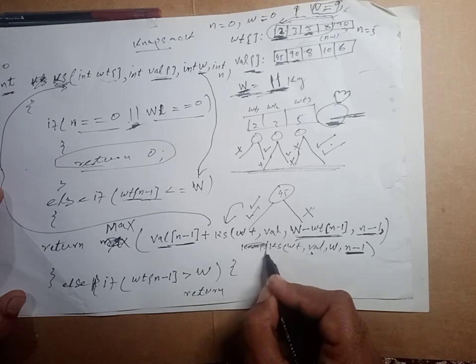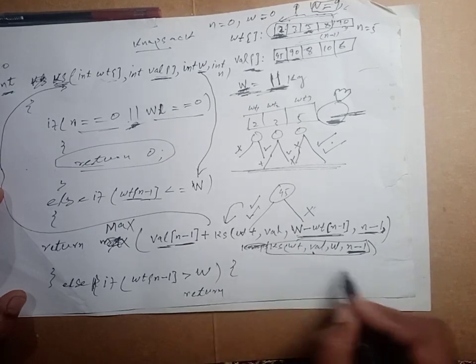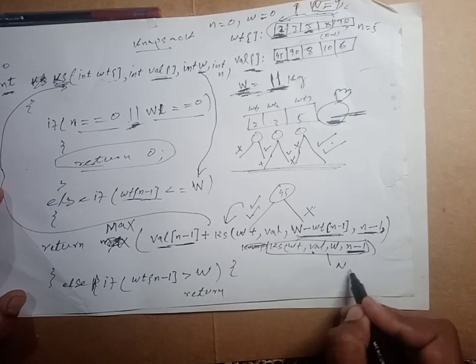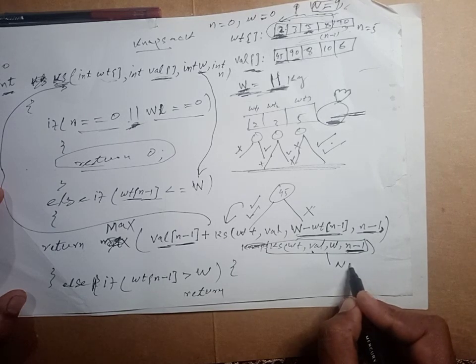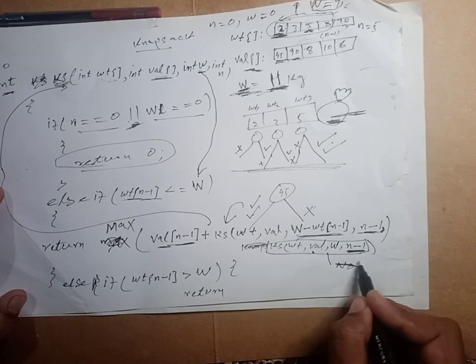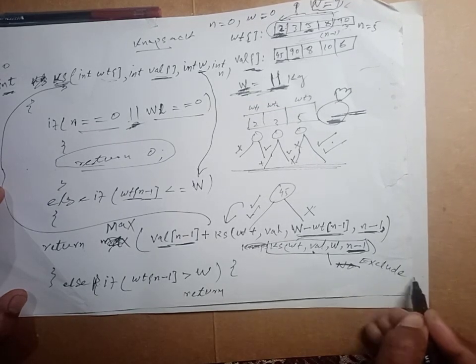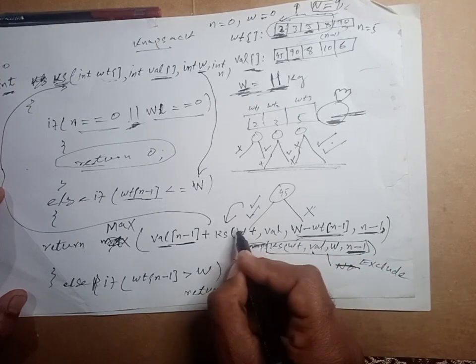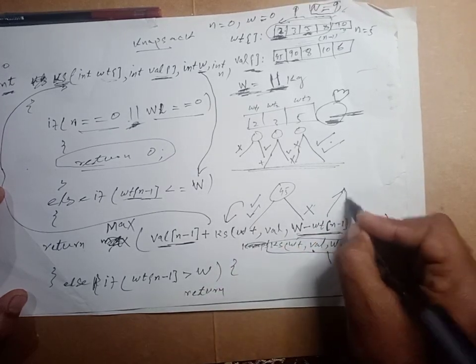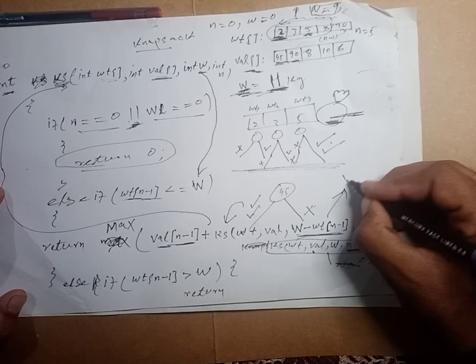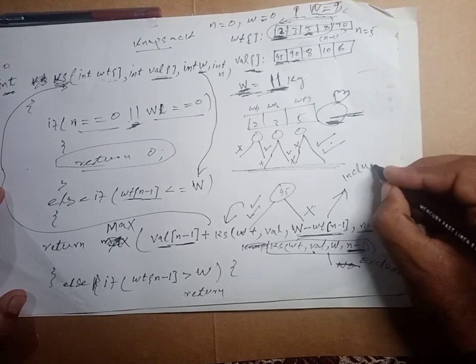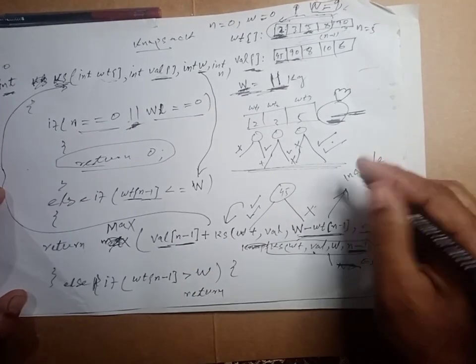We don't choose the item, no inclusion, we exclude the item here, and from the comma, the first one here, we include the item price or item value.